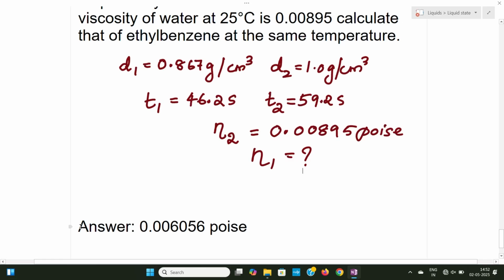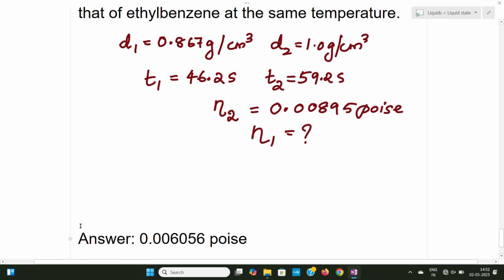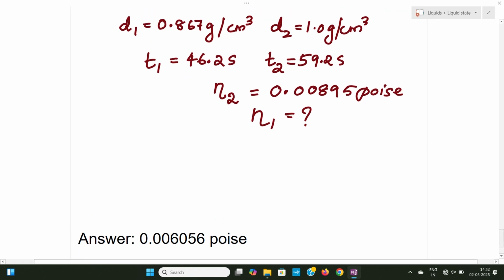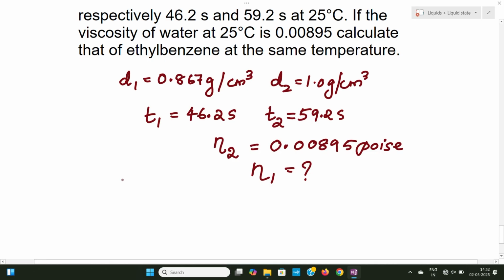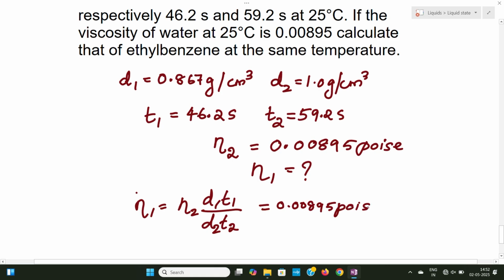The same as the previous problem, we have to substitute all the values in the equation. Eta 1 is equal to eta 2 into D1 T1 divided by D2 T2. So let us substitute all the values. 0.00895 Poise into D1, that is 0.867 gram per centimeter cube.